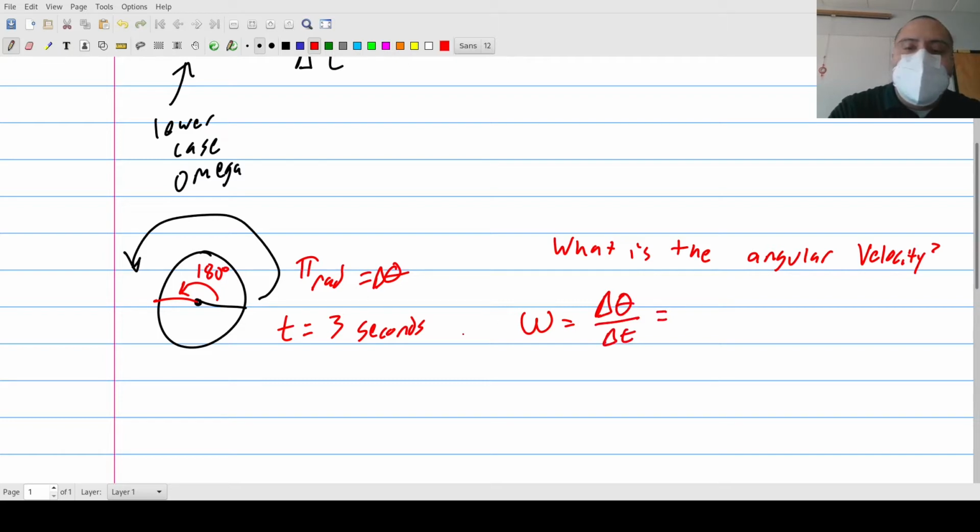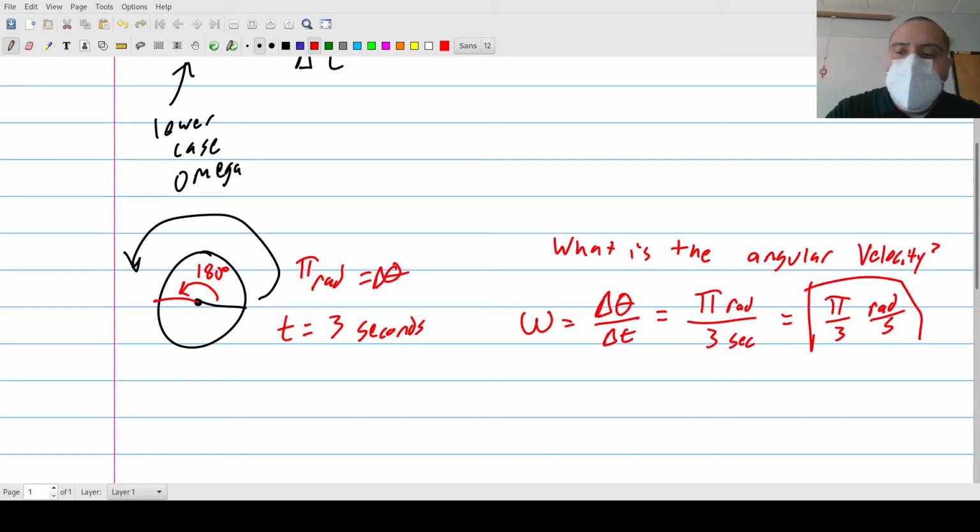This is equal to, our change in our angle was 180 degrees, or pi radians. So pi radians divided by time, which is 3 seconds. So it's pi over 3 radians per second. And that is our angular velocity.